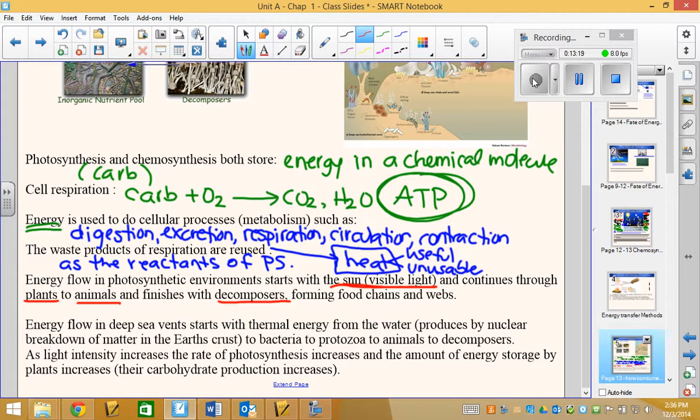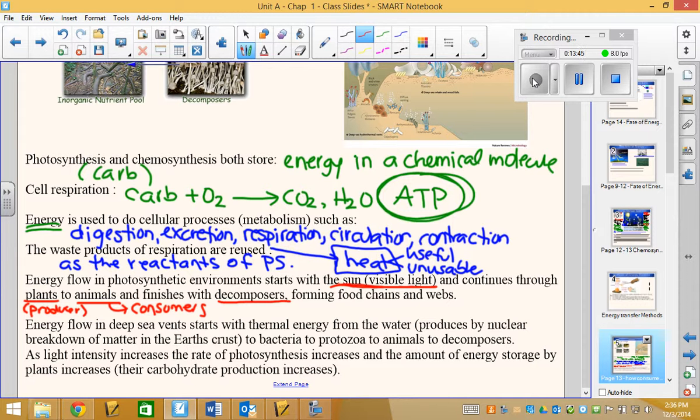So I asked you guys to think about what belongs in a food chain. A plant would be considered a producer. Animals are considered consumers. Now, a few people mentioned specific types of consumers, herbivore, a carnivore, an omnivore. That's a way that you can categorize them.